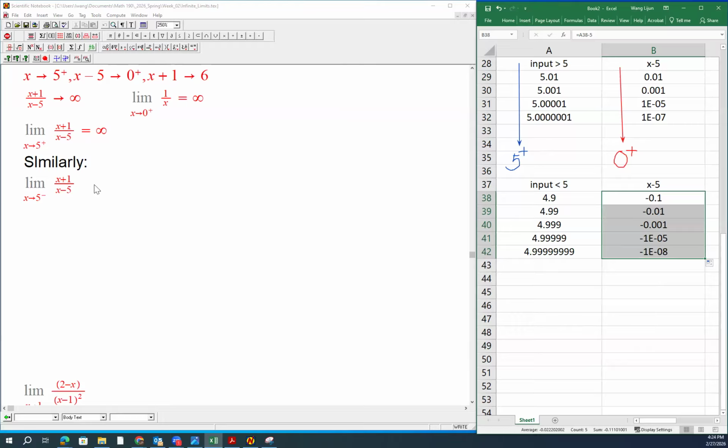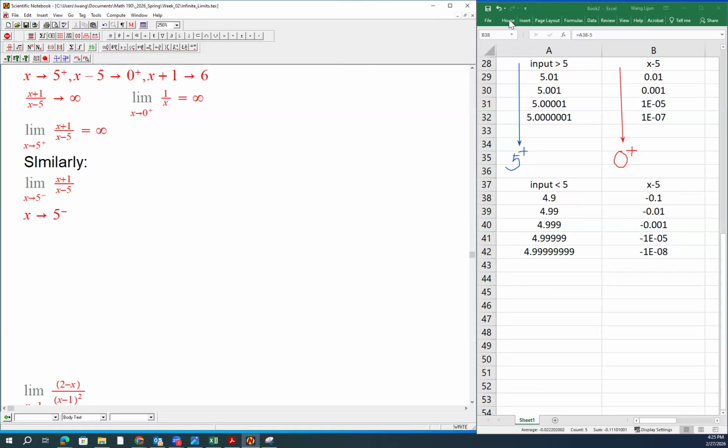So mathematically, this is what we're going to write. You cannot use these numbers as lists to make your case, but in your mind, you have this process in your head. So we will describe it as when x is approaching 5 from smaller than 5, we're describing a process like this.